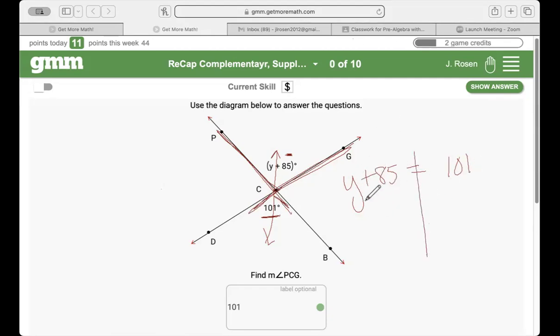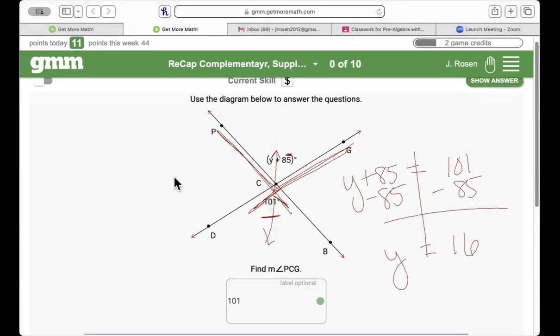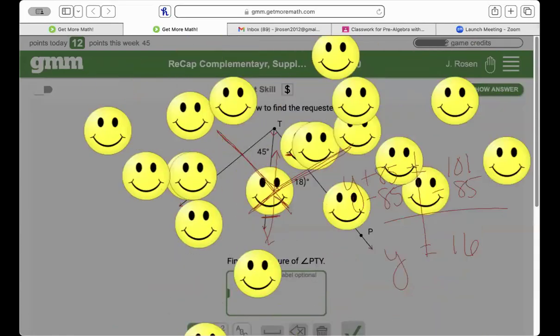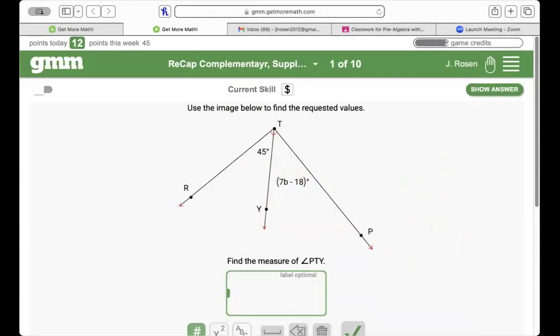We have to get y by itself, so we're going to subtract 85 on both sides. Make sure you've got a calculator handy, because there's no reason to make them wrong with just one little subtraction problem. So it gets just 16. So y is going to equal 16. And there we go.